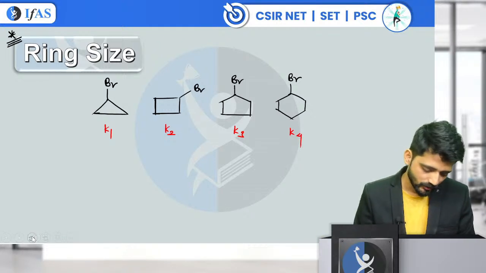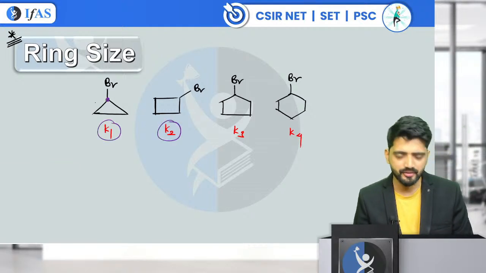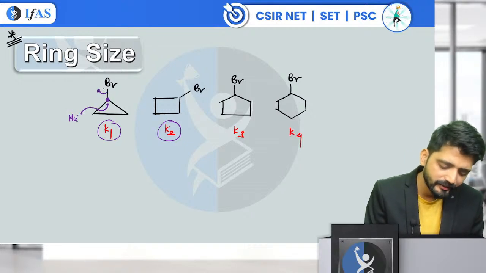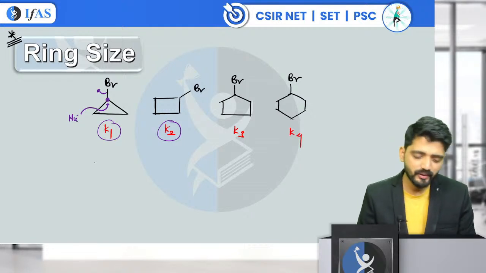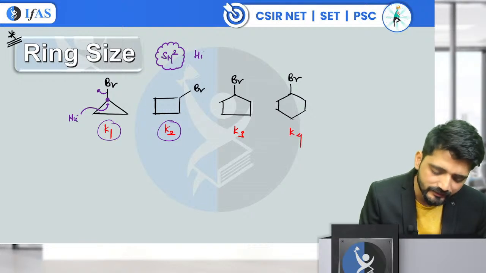See, when I compare a 3-membered ring and a 4-membered ring, we are dealing with an SN2 reaction. So the nucleophile wants to come and attack at this center and eliminate the Br. Whenever we compare SN2 reaction rates, the factor which works is hindrance in deciding the rate of the reaction.